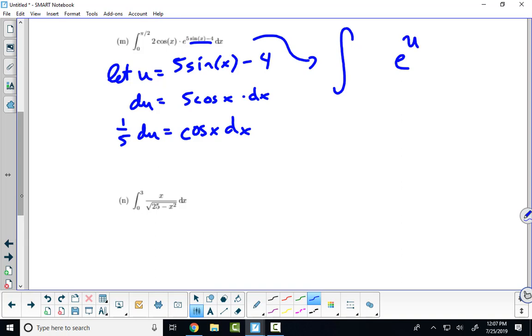This u replaced all that. Now this only works because this is all one long string of multiplication, right? So in place of the cosine x dx, I'm going to replace all of that with 1/5 du.